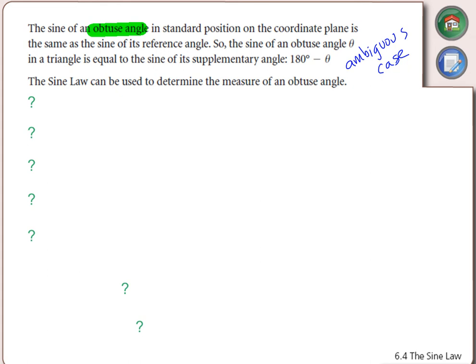What do we got? So we've got to know that because of standard position, which we've dealt with, just to quickly remind you, using the CAST rule, we know that in quadrant 1 and in quadrant 2, meaning theta, or 180 minus theta, they're going to be virtually the same.